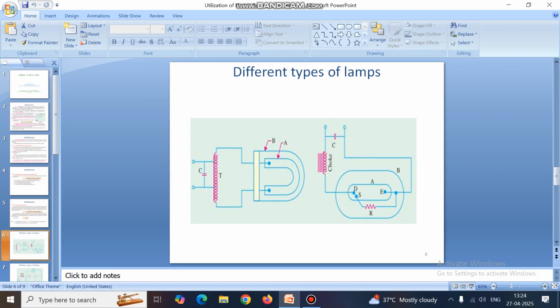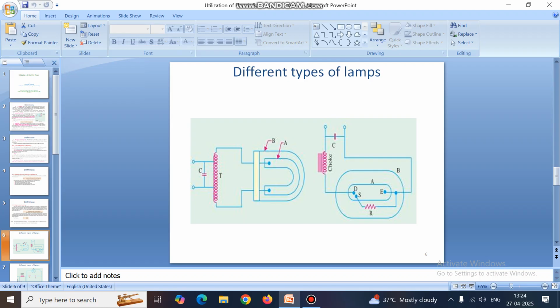It is connected across the choke to increase the value of the voltage, and there is the capacitor placed in parallel to the supply. A supply is given, and the power factor of the supply is improved with the help of this capacitor.